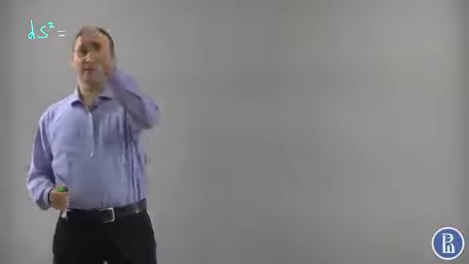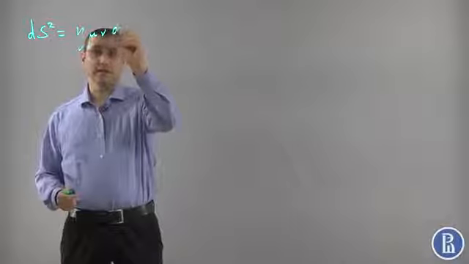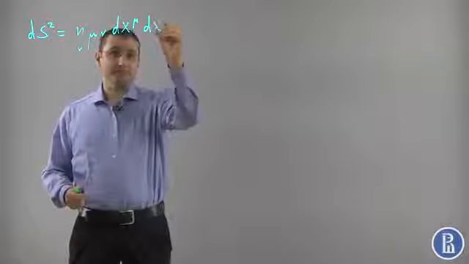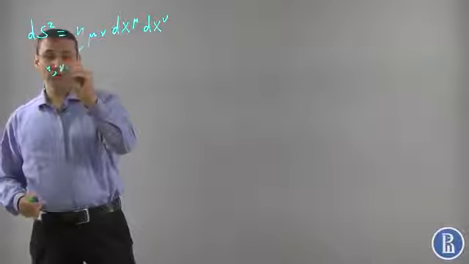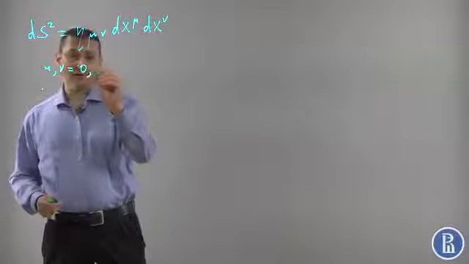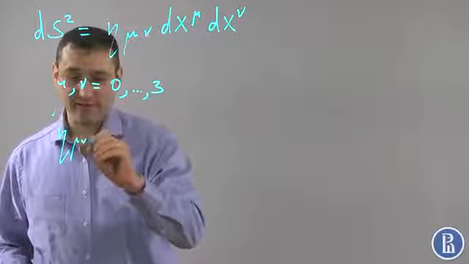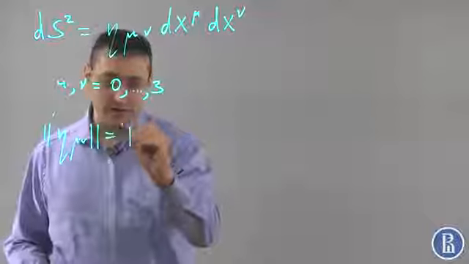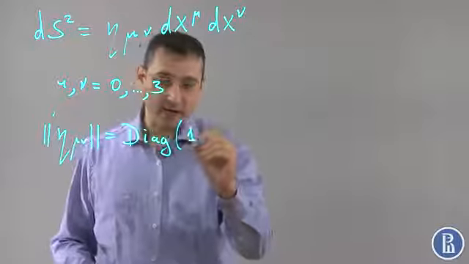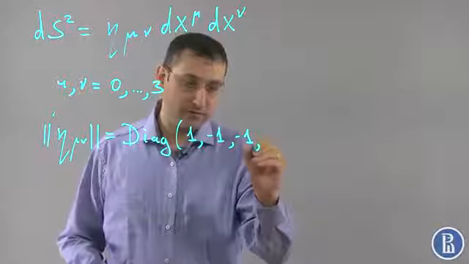So for that reason, let me start with an easy discussion of the Minkowski space-time and of special theory of relativity. In special theory of relativity, we are dealing with flat Minkowski space-time, whose metric is famously known to be like this, where mu and nu are indices ranging from 0 to 3, and the metric tensor has the following matrix, which is diagonal, and its diagonal components are as follows.